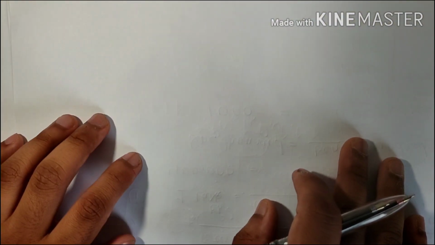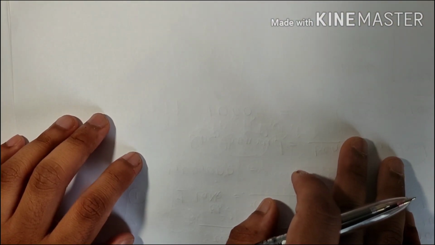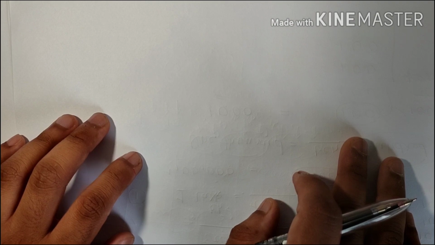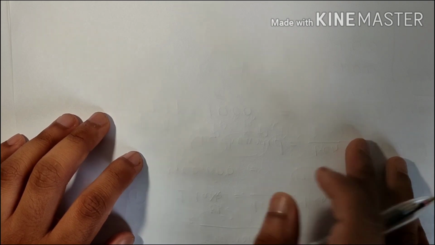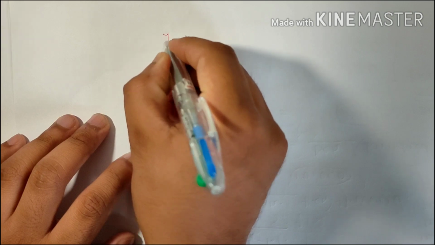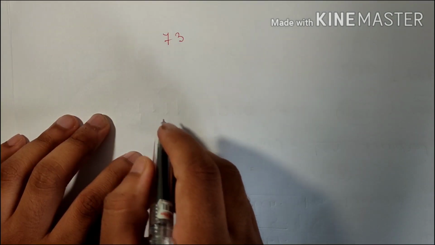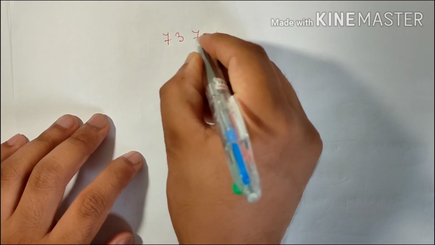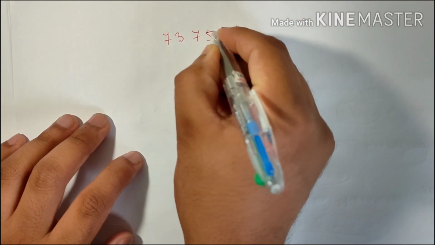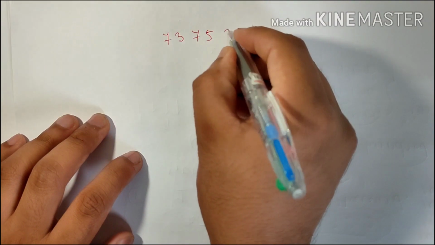So the first one is 73,75,307. So how do you write 73 lakhs? 73 lakhs, how will you write? Then next is 75,000. That means how will you write 75,000? And then next is 307.